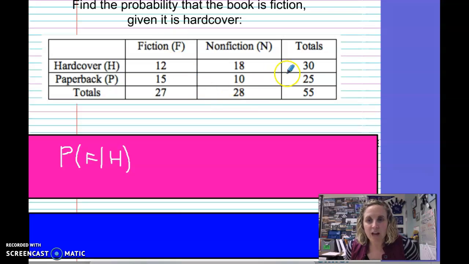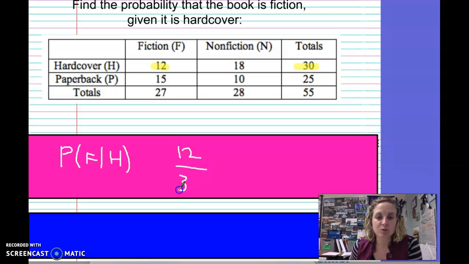Looking here, we have 30 hardcovers. So we aren't going to be out of 55, we're going to be out of 30. And we have 12 that are fiction. So we have 12 out of 30. We need to reduce that. Both of them can be divided by 3. So we would have 4/10. Actually, both can be divided by 6. So we have 2/5 as my final answer.